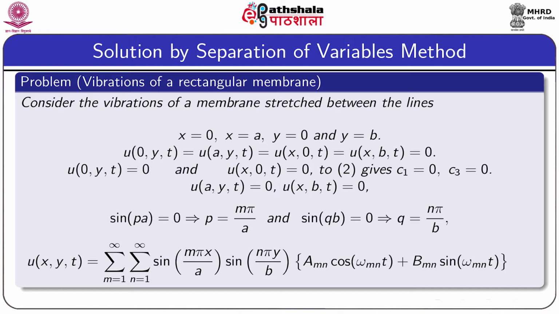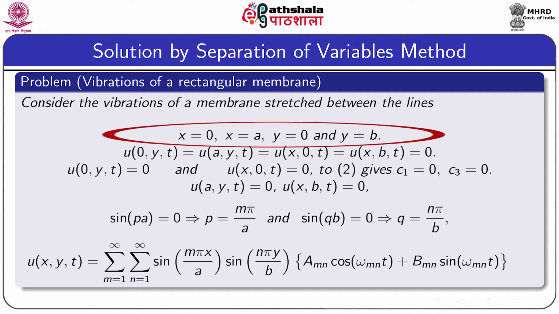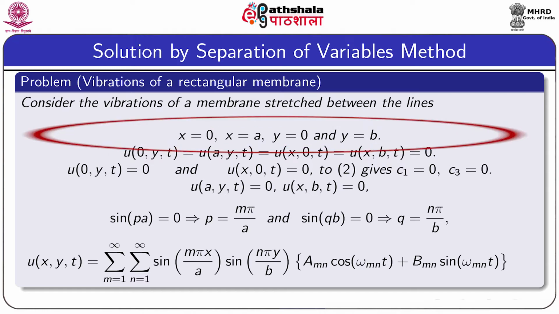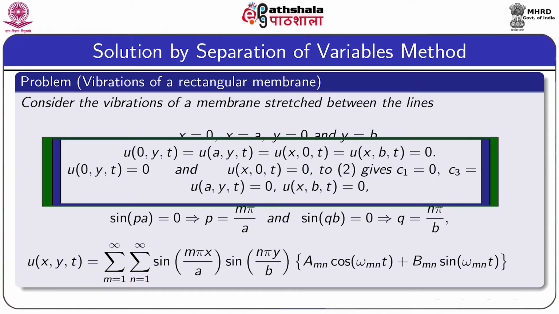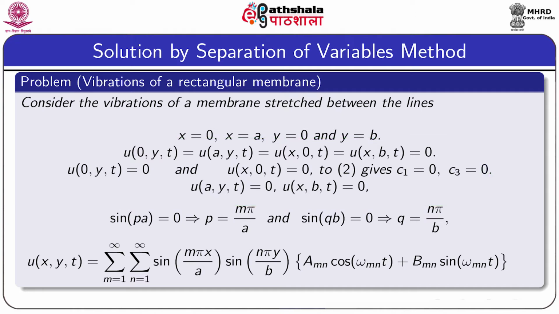For that purpose, we consider a physical problem of the vibration of a membrane which is stretched between the lines x = 0, x = a, y = 0 and y = b, and the condition is given by u at x = 0 is 0, u at x = a is 0, u at y = 0 is 0 and u at y = b is 0.